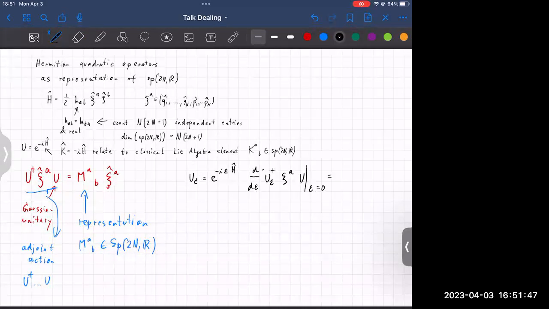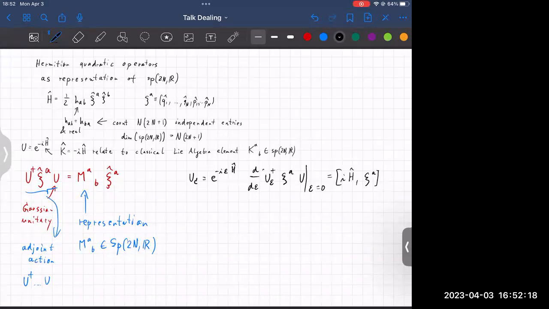And what we should find is that this will give us the commutator of iH with psi A, which we can now evaluate.